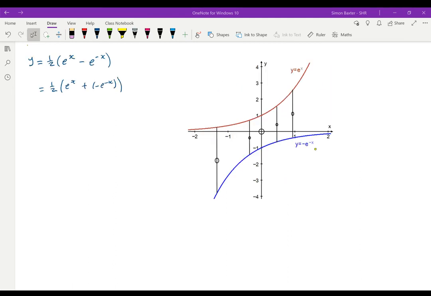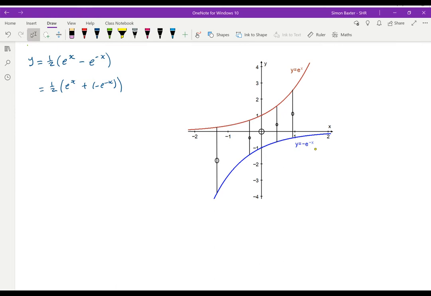That was our first hyperbolic function. I now want to look at another one. This is very similar in its equation, half of e to the x minus e to the minus x. I can think of this as a half of e to the x plus minus e to the minus x. And by the same argument as before, this is now going to be the so-called midpoint graph between e to the x and minus e to the minus x.